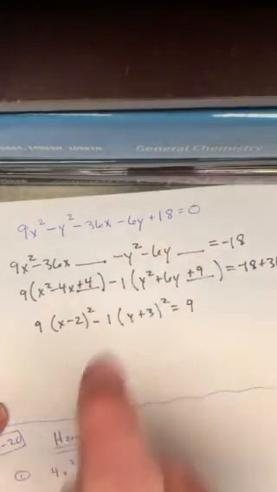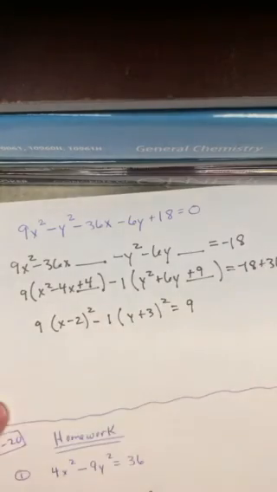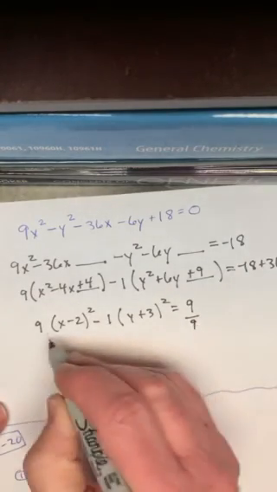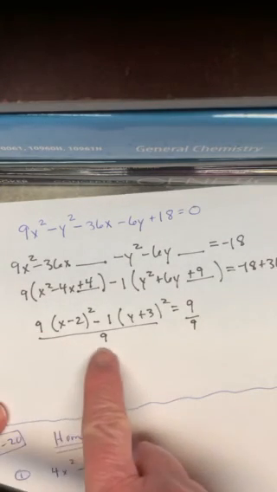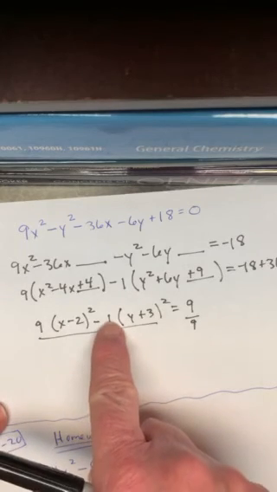So if my goal is to just get this into standard form, I need to finish this problem by dividing by 9. Giving me a final answer of, now notice that 9 and that 9 will cancel, and then here I've got a 1 and a 9.